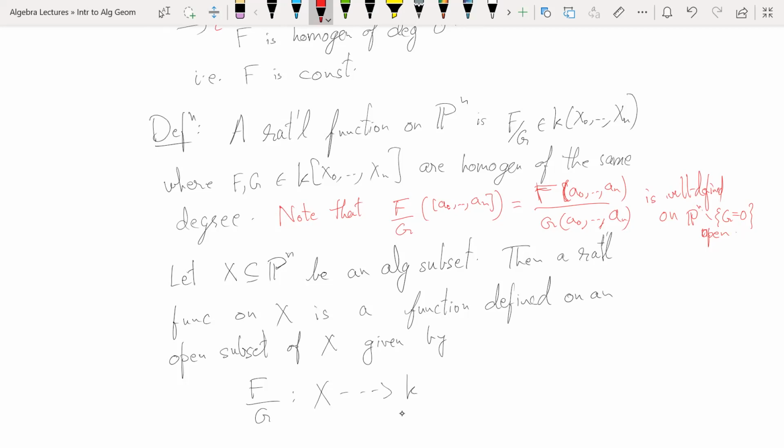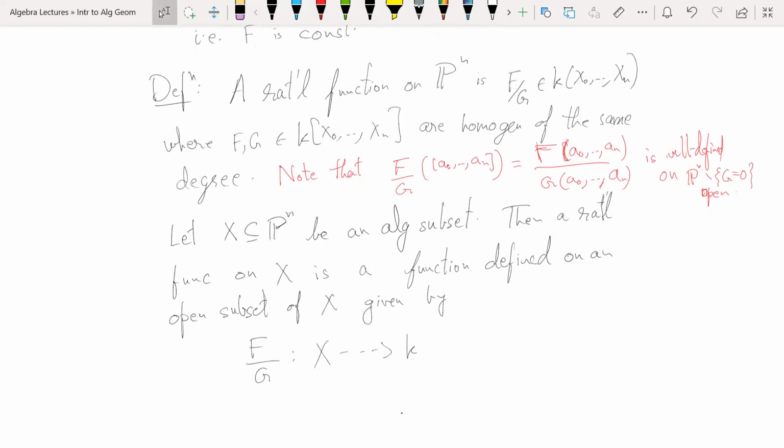We know that polynomials define a function on An, and then we saw that if we restrict it to X, then it defines a function on X. So if X in Pn is an algebraic set, then a rational function on X is a function defined on an open subset of X given by f over g, where f and g are in K[x0, ..., xn], homogeneous of the same degree.